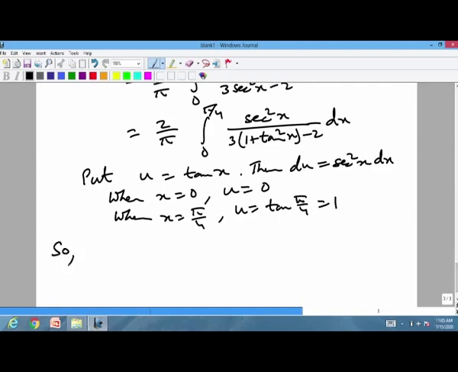So, I is equal to 2 over pi integral from 0 to 1 of du over, this was 3 tan square x, so 3 u square plus 1.